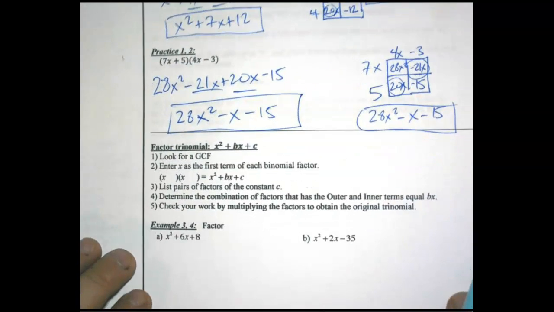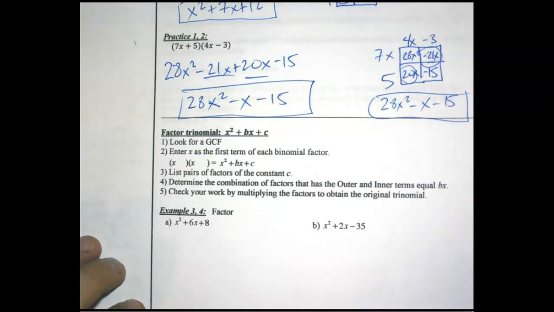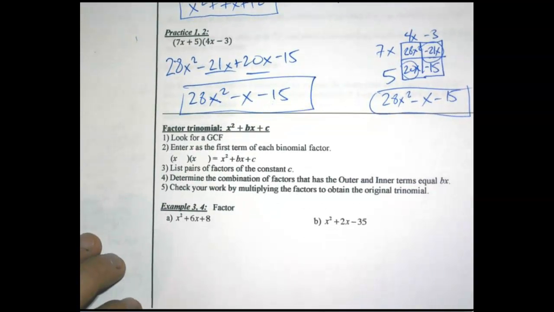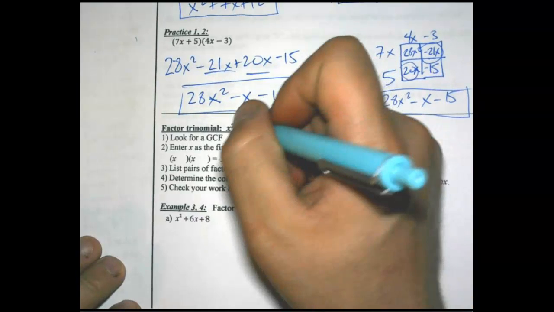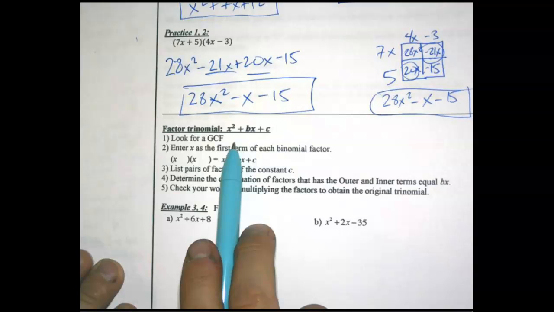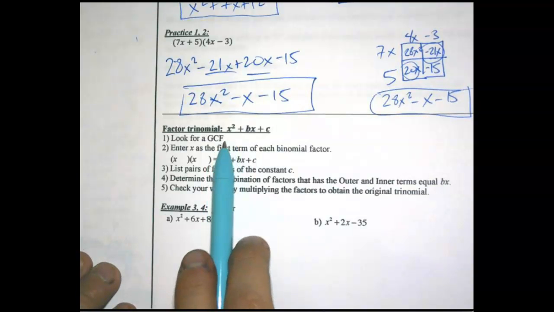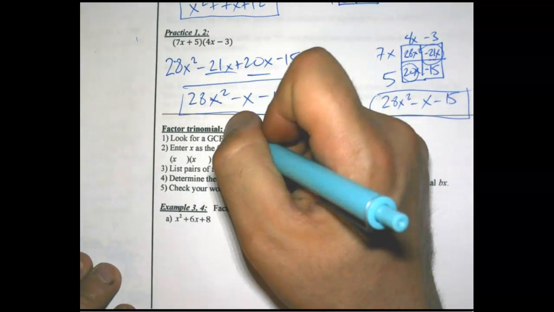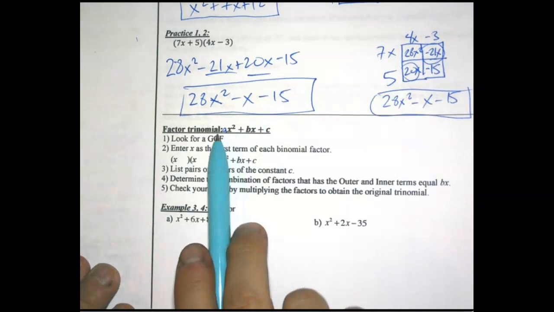So that's multiplying two binomials. Now, the opposite of multiplying two binomials would be factoring. So here's what I do. First of all, you have to understand that you have these numbers when you have a trinomial square. Really we could put an a right here if we wanted to, so we can have a, b, and c.